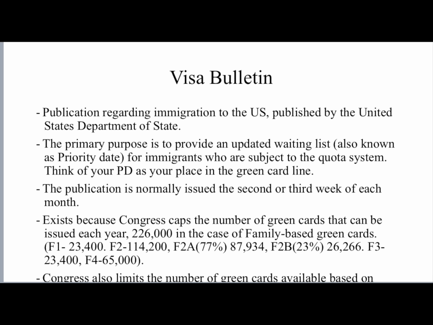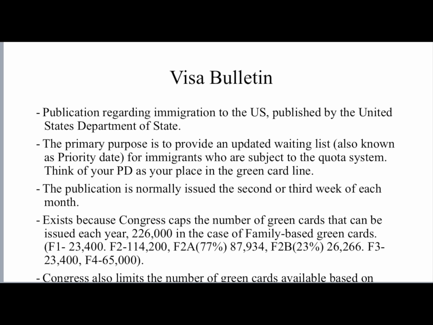Now, to add even more roadblocks to this, no country gets more than 7% of the allocated visa or green card numbers, right? So let's take our beloved Jamaica, for example, and still using the F1 category.